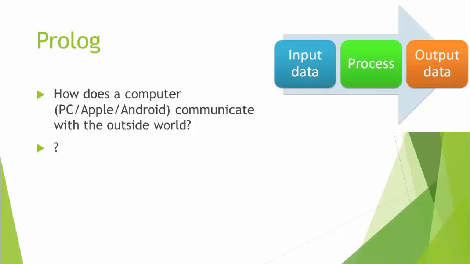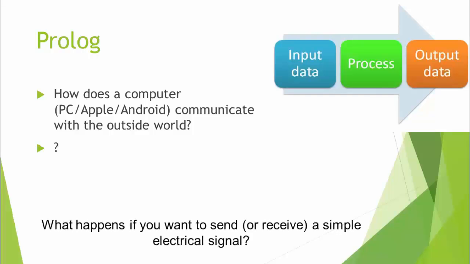And in terms of output, I suspect you mainly thought about the monitor, maybe you thought about audio as well, those kinds of things. Now, I'd invite you to think about what you would have to do with a computer if you wanted to send or receive just a simple electrical signal, just that potential that we talked about in our circuits.